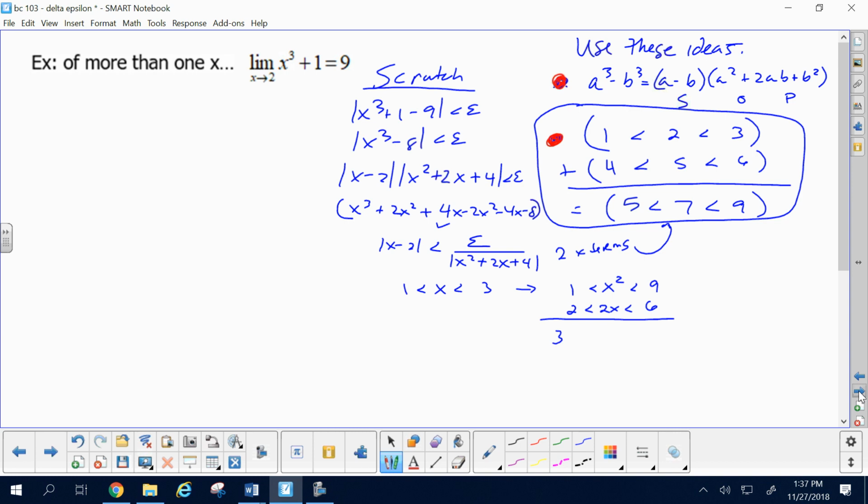So x squared plus 2x must be between 3 and 15. Right? Now the 4 we can slap in also. If I then add in the 4, x squared plus 2x plus 4 has to be between 7 and 19.